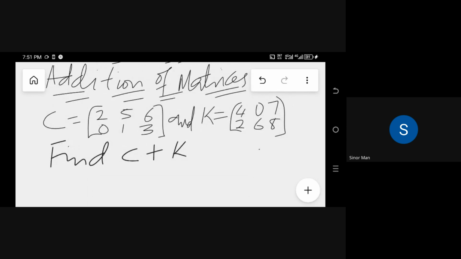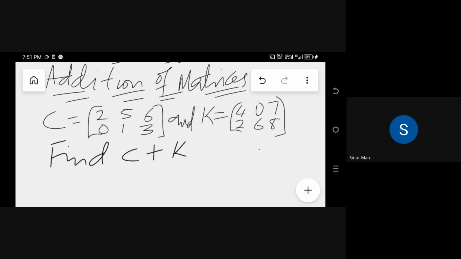It means that you'd have to use every element in matrix C to add to each element in matrix K as well.